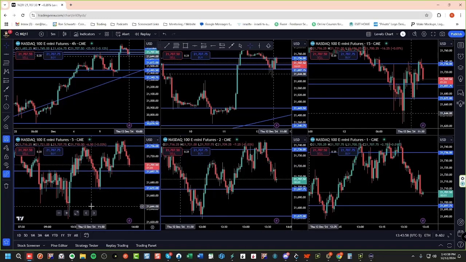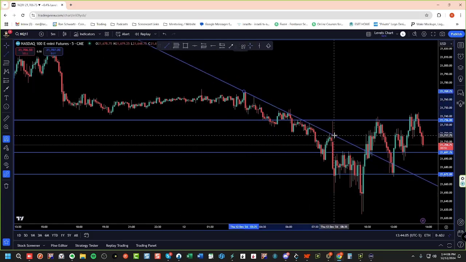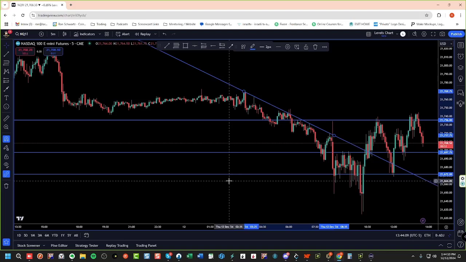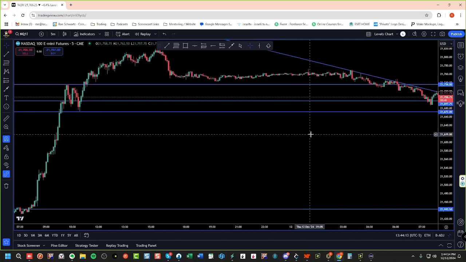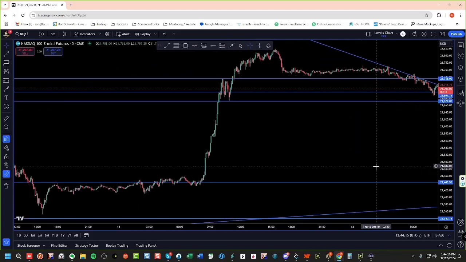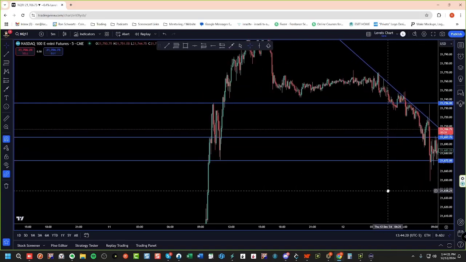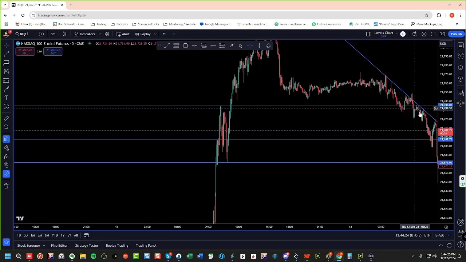So I'll draw a diagonal line in the interim. Let's say, for example, I'm on the 5-minute and I'm doing analysis to try to get into a trade. I'll draw a diagonal line, for example, here. And I'm thinking to myself, okay, so we're pushing down.